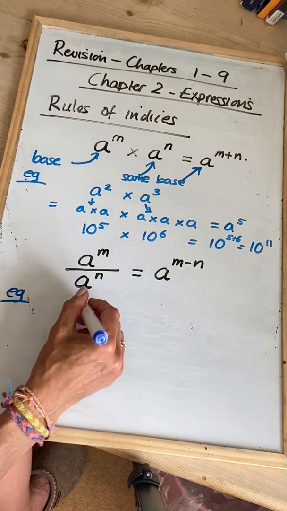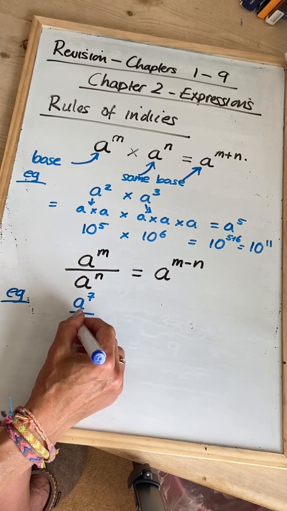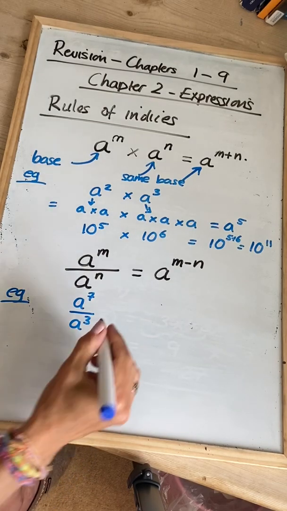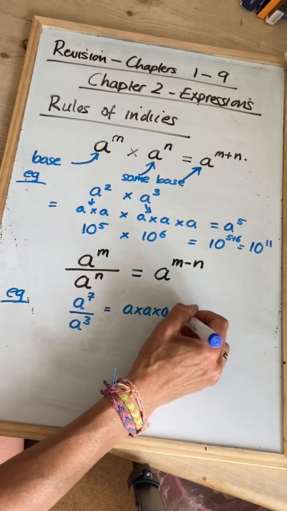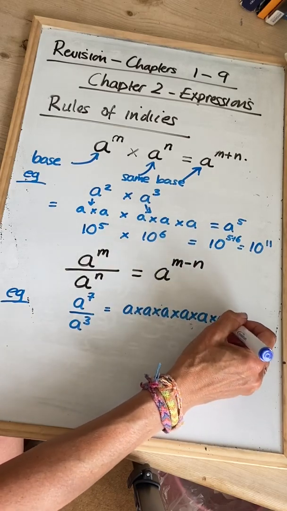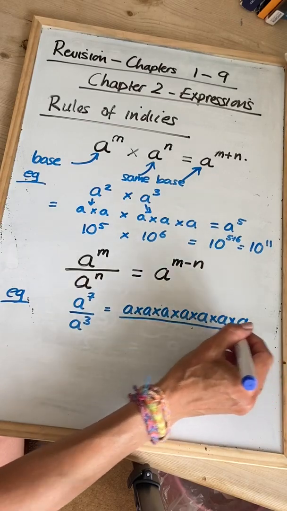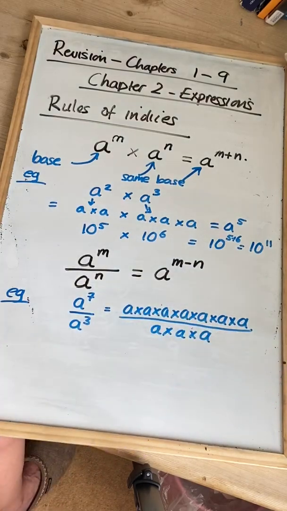Again, I'm going to give you a little illustration. Let's say that we had a to the 7 divided by a cubed. That means 7 a's on the top divided by 3 a's on the bottom.